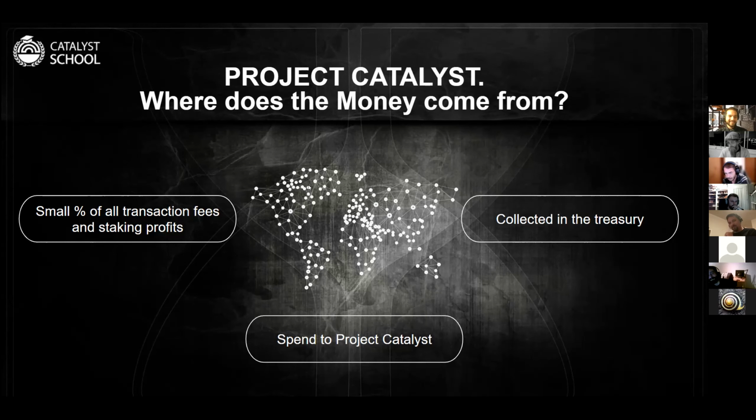And even now we have to adjust here on the slide as well, because the Catalyst funding now, as we have projects like Koti coming in, adding their own tokens as well, it also increased the treasury of Project Catalyst in this regard. That's true. This needs to be updated here.